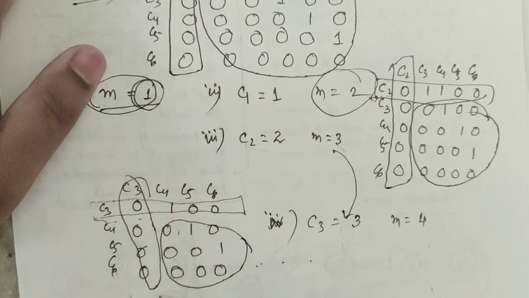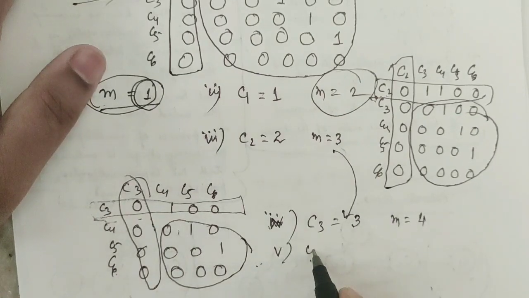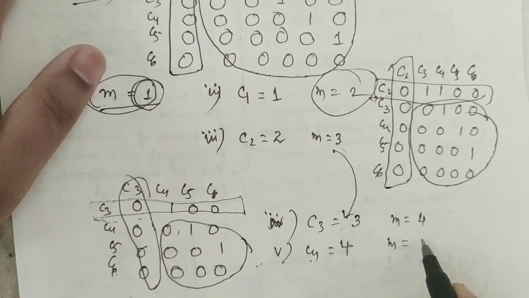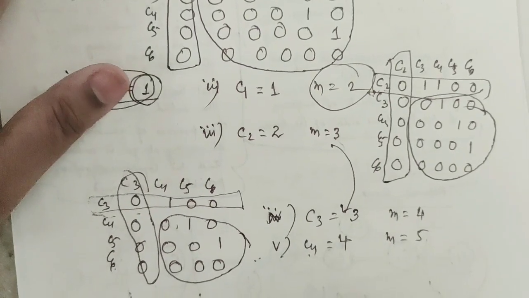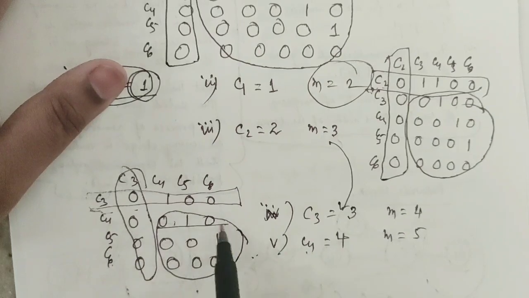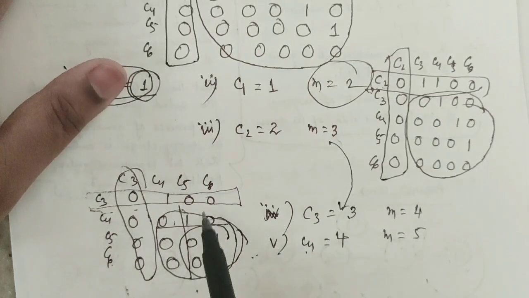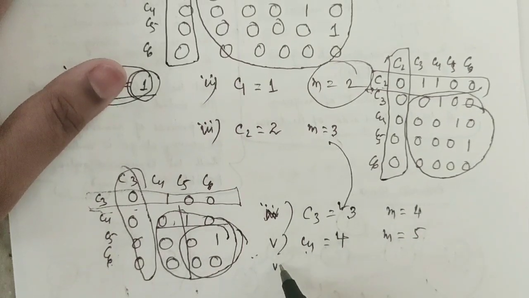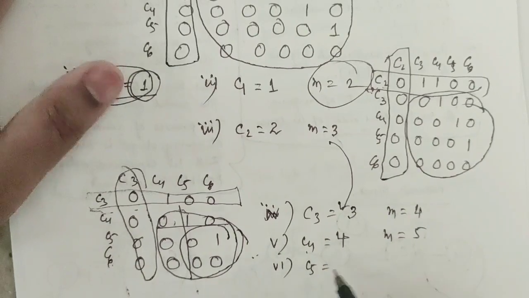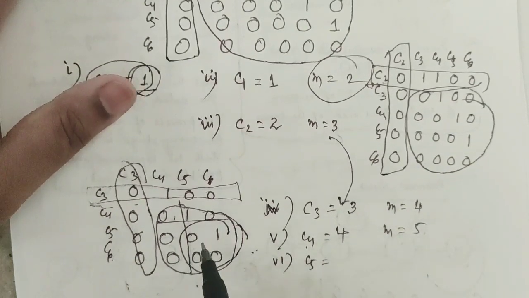Next you will delete C4. C4 will be assigned the current value of m, which is 4, and m will be incremented as m plus 1. Then after removal of C4, you have this part only. So C5 has the column that is all 0. Next C5 will be deleted, C5 row and C5 column.